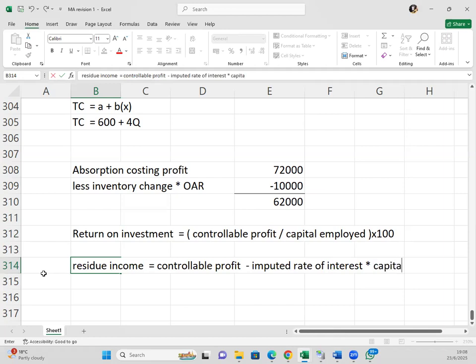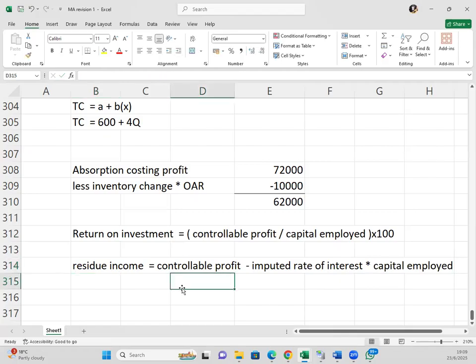For the return on investment, if they have not said controllable profit, we just use the operating profit that we have.